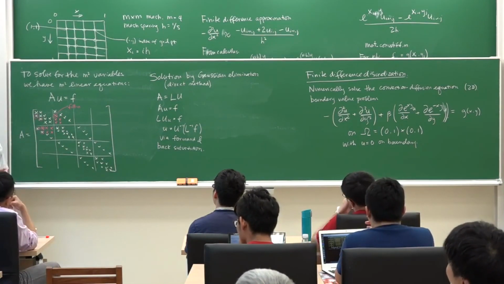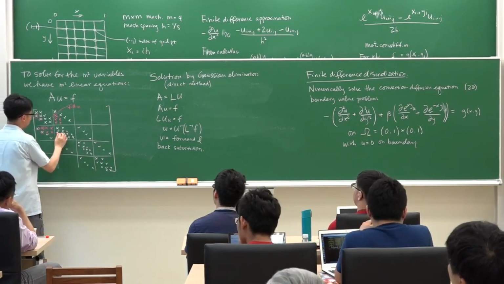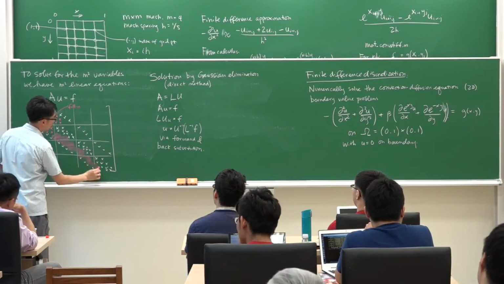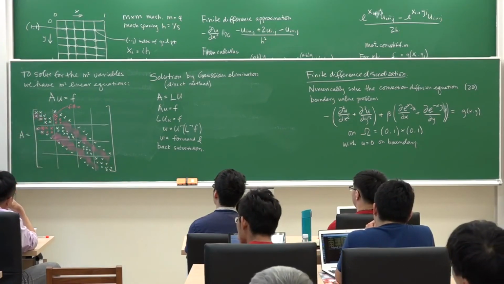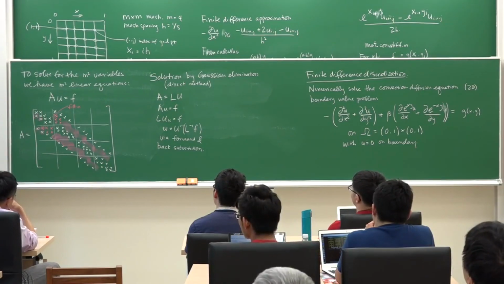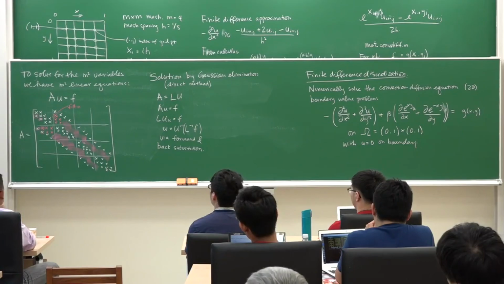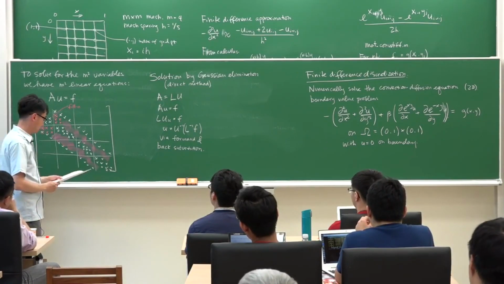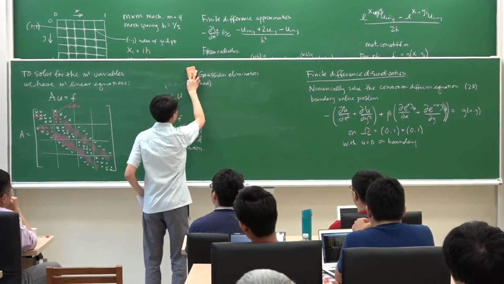It's actually a fairly good exercise to try to do this by hand. In fact, fill-in will occur within these outer bands of the matrix. So let's write that down.